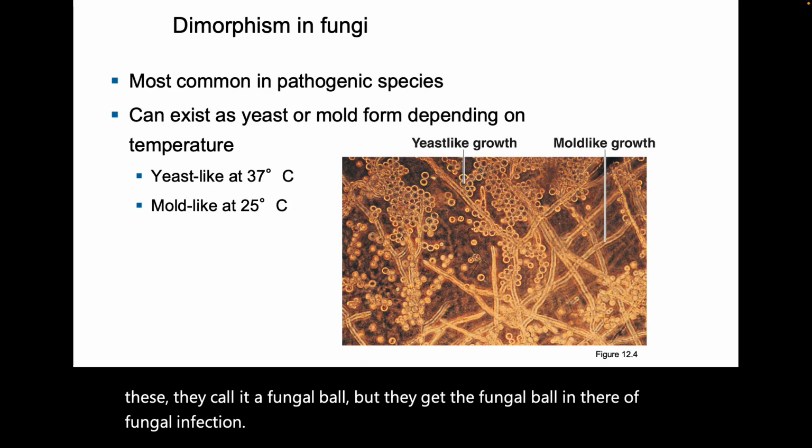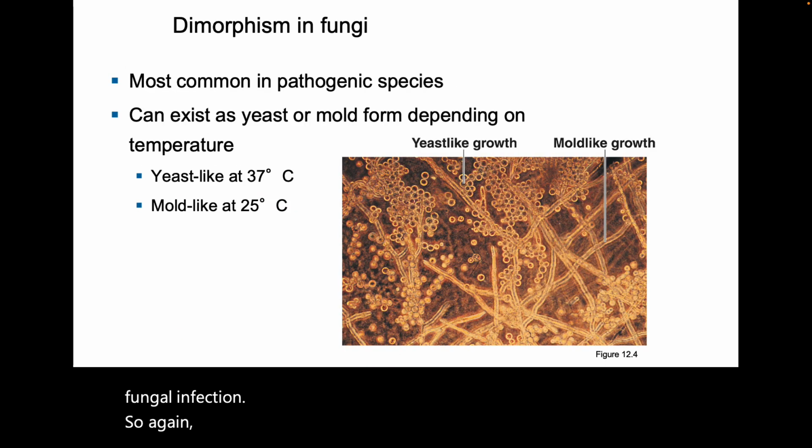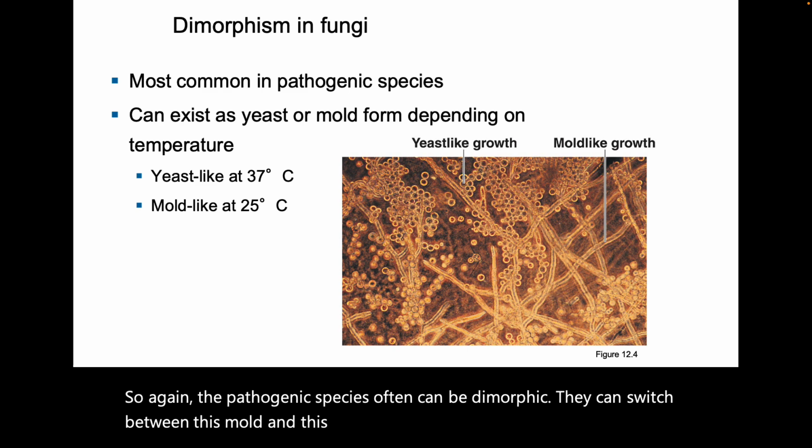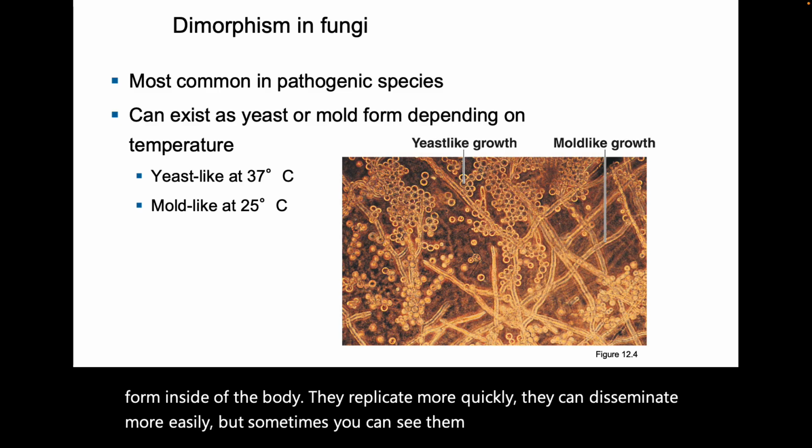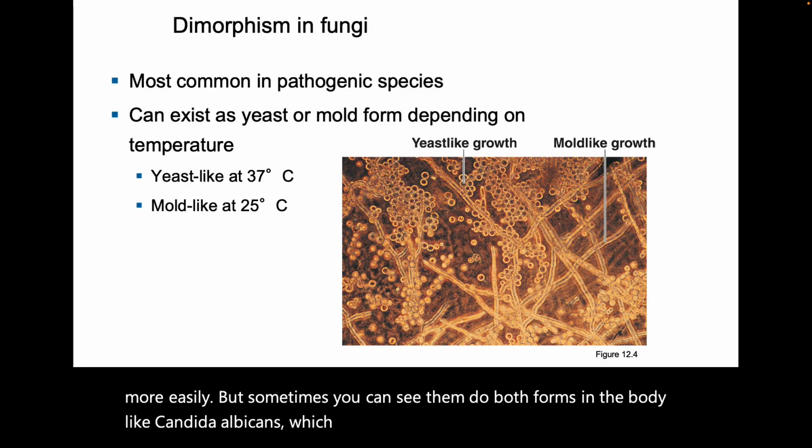So again, the pathogenic species often can be dimorphic. They can switch between this mold and this yeast form. And they typically will be the yeast form inside of the body. They replicate more quickly, they can disseminate more easily, but sometimes you can see them do both forms in the body. Like Candida albicans, which is what people are usually talking about when they talk about a yeast infection.